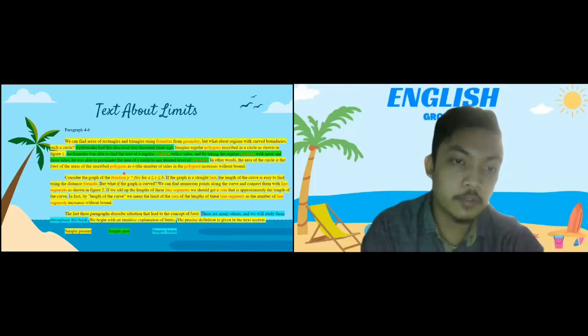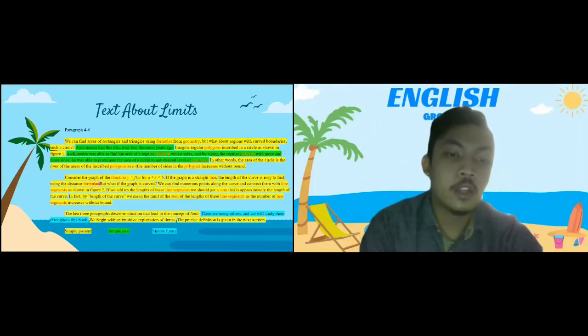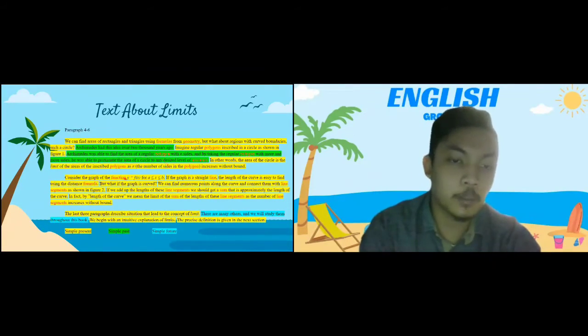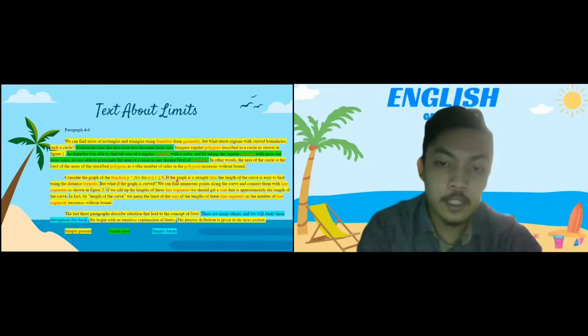Next, the fifth paragraph: consider the graph of the function y equals f(x) for x more than a and less than b. The sentence talks about a fact, so we conclude that the sentence is simple present tense.